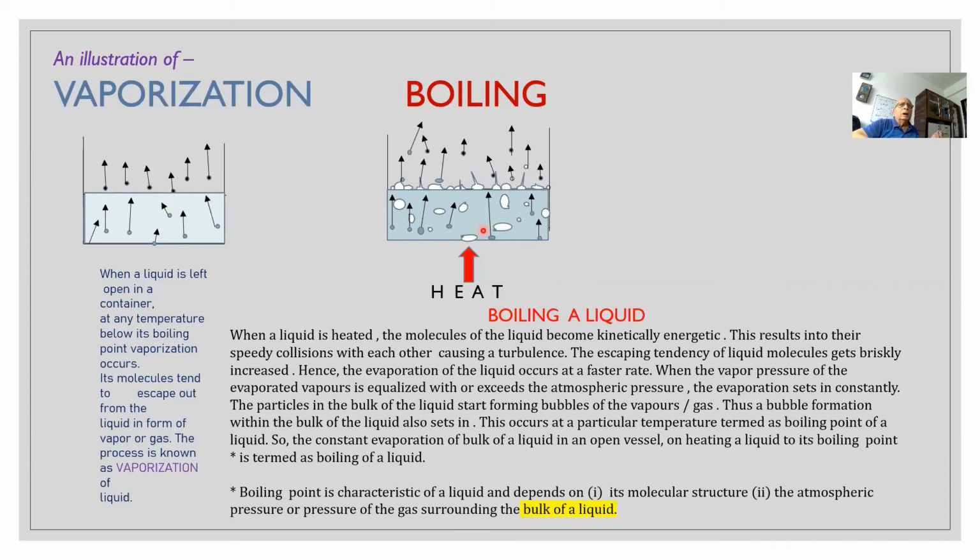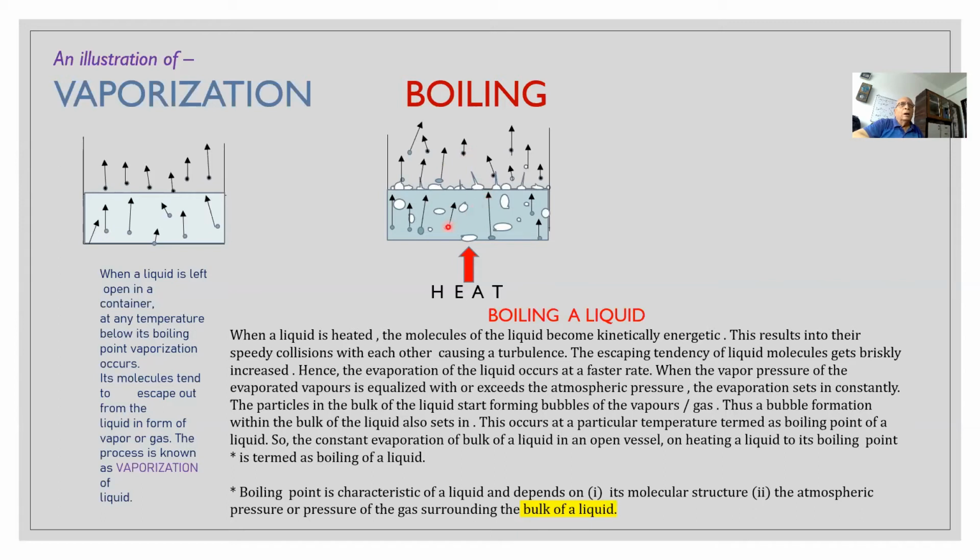We easily realize some disturbance within the liquid, and particularly at the surface. And not only this, even in the liquid bulk, bubbles are formed, and the vapors are the gas which is formed. The liquid starts boiling along with evaporation.